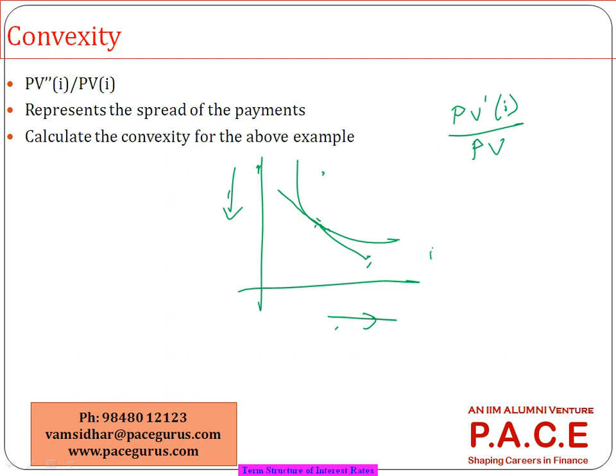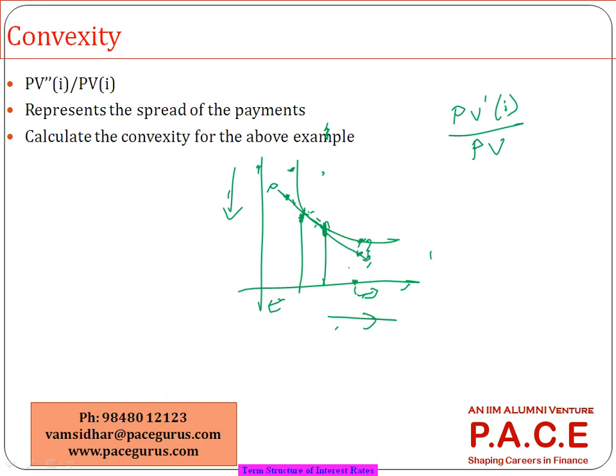Now, when I am using the duration to estimate the percentage change in price, in this area of the interest rates there is not much of a problem. The line and the curve more or less overlap. Whereas at very high or very low interest rates, the duration is predicting only this much, whereas the actual price is here.